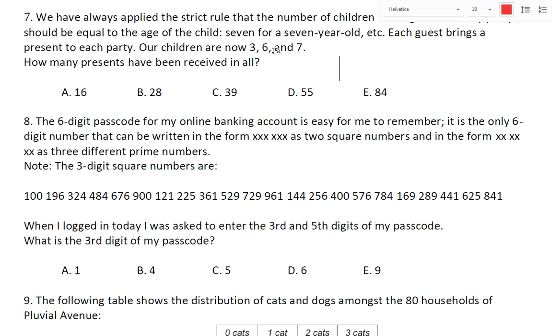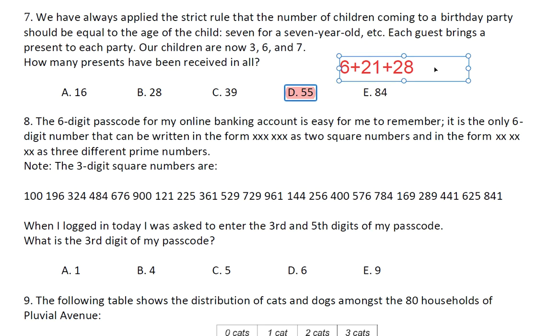So we then add them all together. The 3-year-old had 6, the 6-year-old had 21, the 7-year-old had 28. 28 plus 21 is 49, plus 6 is 55. D, 55 is the answer.